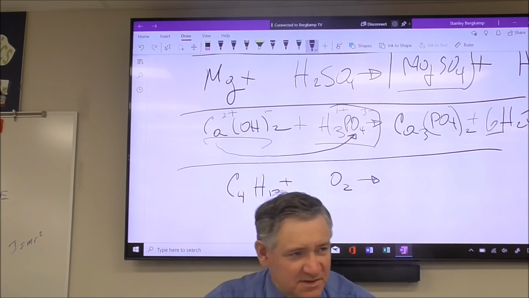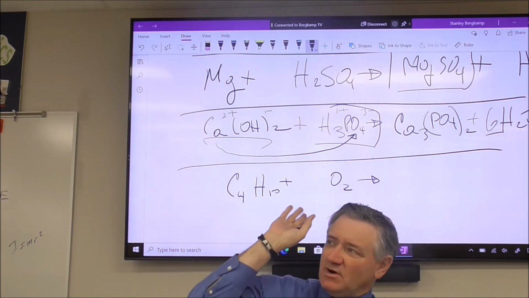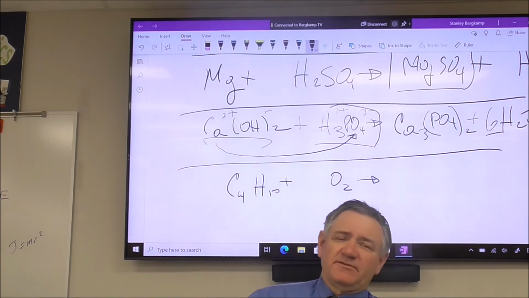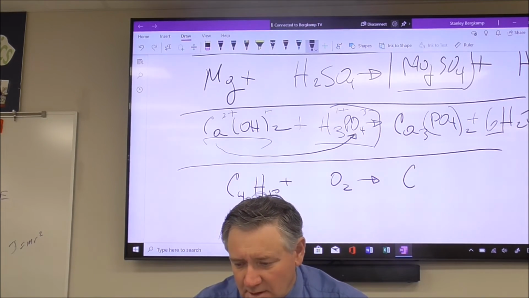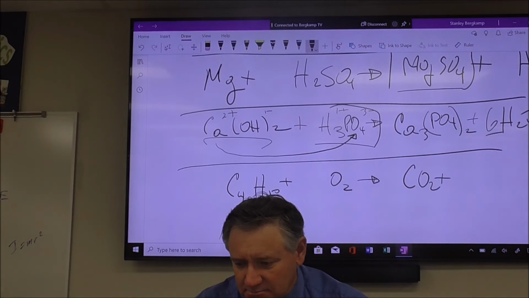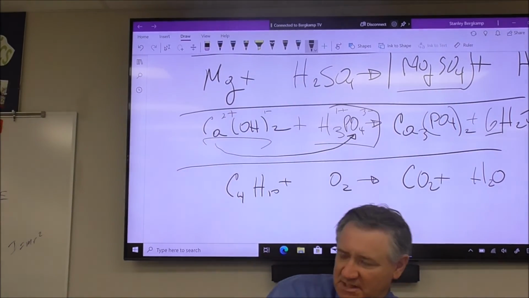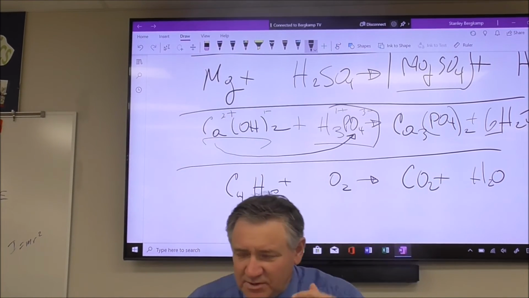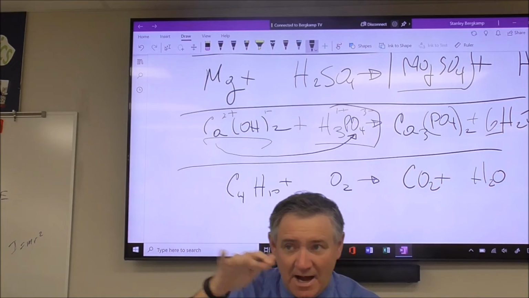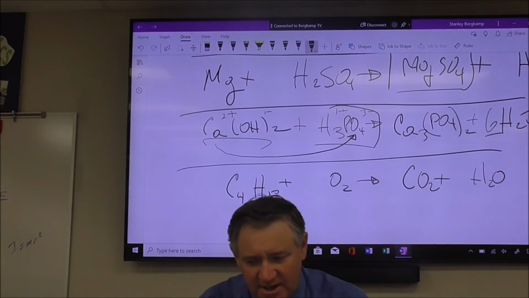So the beauty of combustion reactions is, what's the only two products you're ever going to get out of a combustion reaction? Carbon dioxide and water. Now, you get heat, but we don't have to balance heat. Okay? If you take AP chemistry, we do a unit on thermal chemistry, and then we actually balance the heat. But in this case, we just need to balance the reaction.